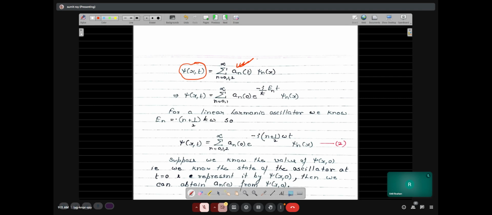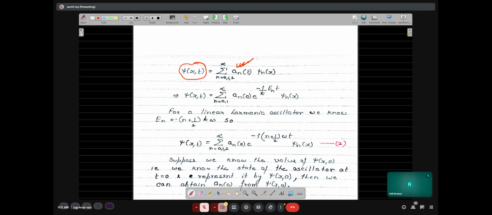Now for a harmonic oscillator, the energy eigenvalues are n plus half h cut omega. So we can substitute the value of En as n plus half h cut omega. Yes, is it okay? Yes, sir.